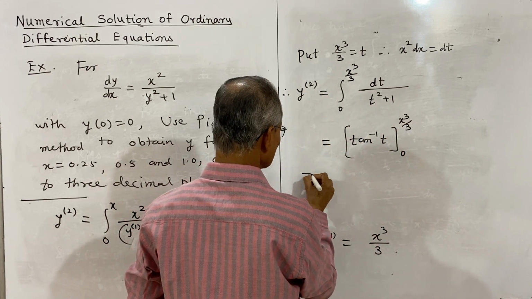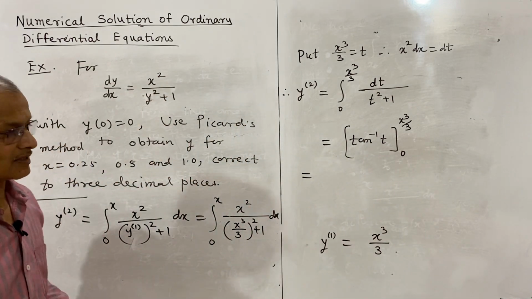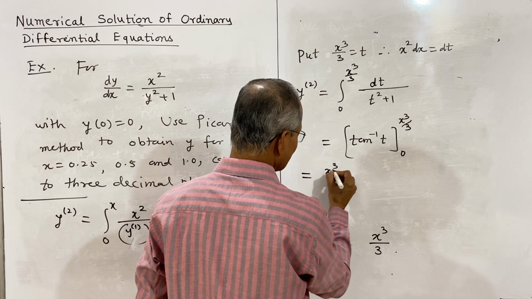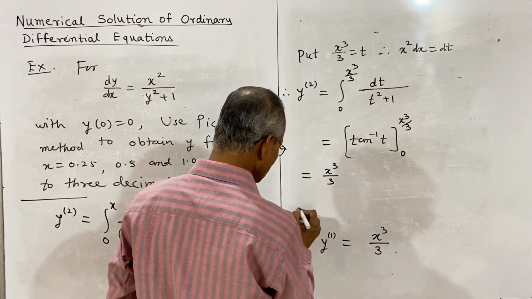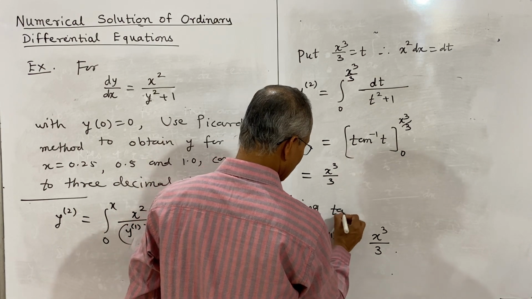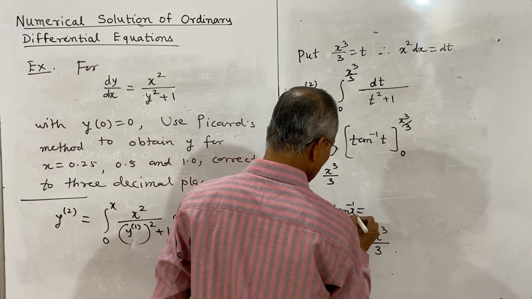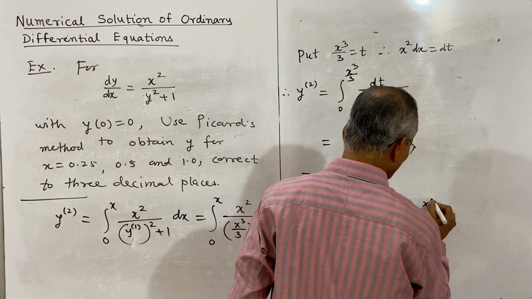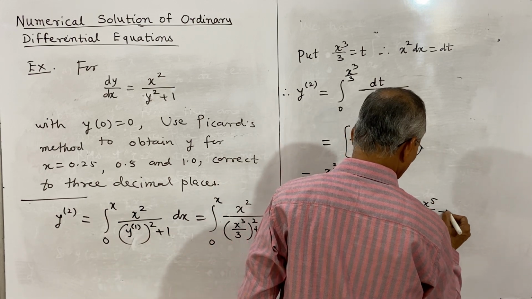We expand this using the Taylor series for tan inverse x. What is the Taylor series for tan inverse x? It is x minus x cube by 3 plus x power 5 by 5 and minus so on.